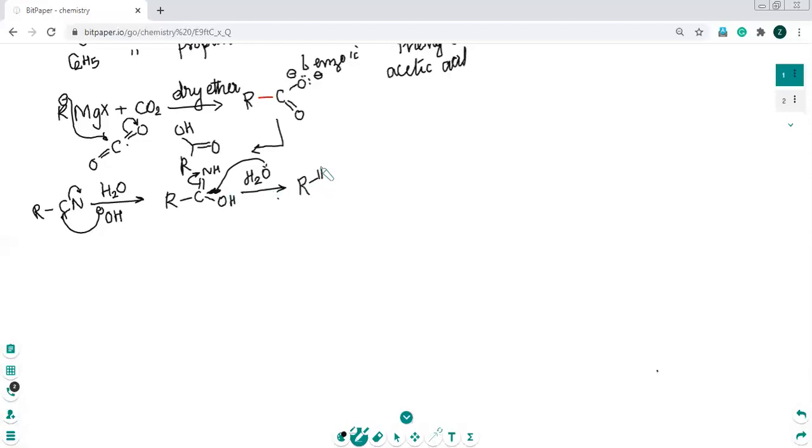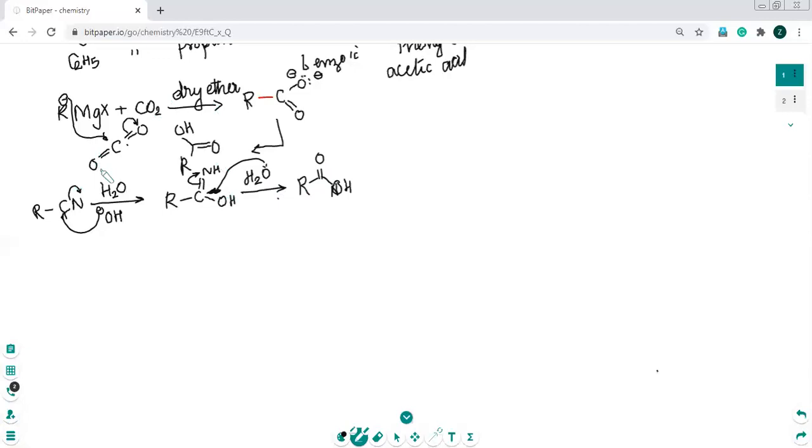So nitriles give RCOOH. Okay. So this is another method of preparation of carboxylic acid.